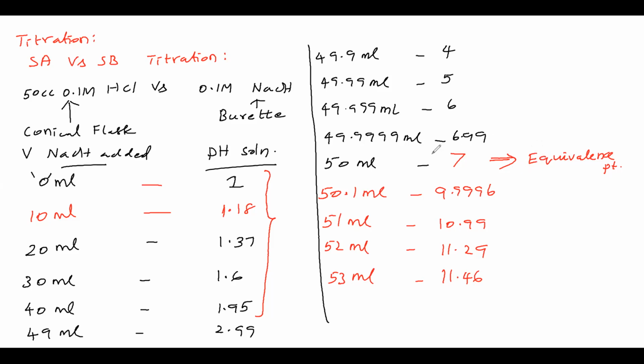But when the point is somewhat away from the equivalence point, the pH rise is not drastic. Near the equivalence point, the pH is rising drastically. Then we are crossing the equivalence point now.